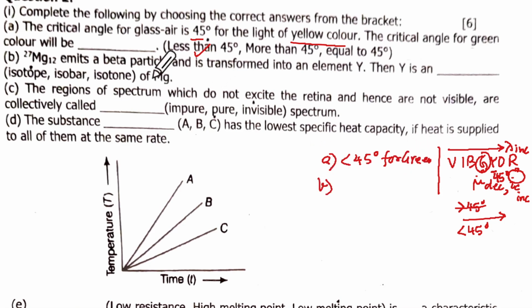We come to B. Mg 27 12 emits a beta particle and gets transformed into Y. So Mg 27 12 will become Y, which is 13 here and 27 here, correct?